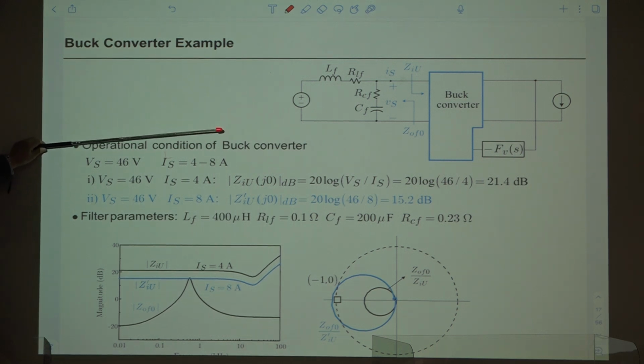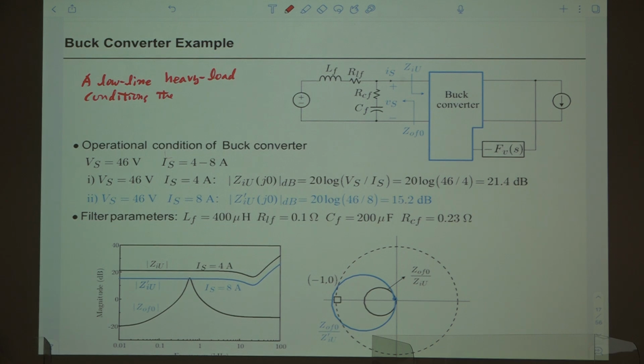No. Minimum input voltage and maximum load current should be the checkpoint. Okay, so a low line, heavy load condition is the worst case for the in-filter induced instability.